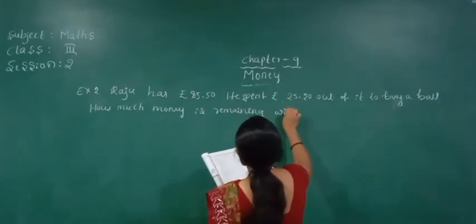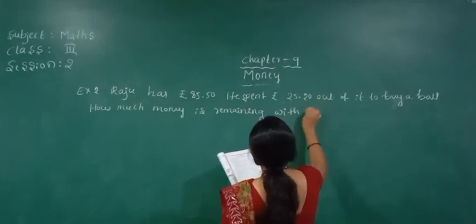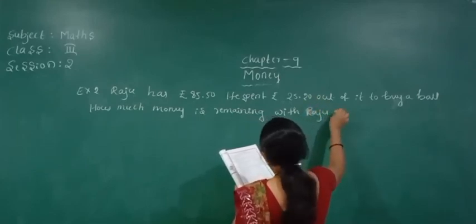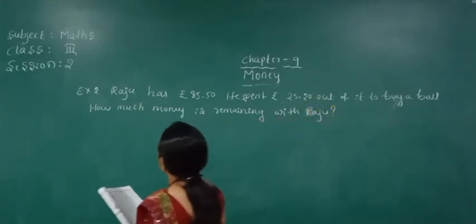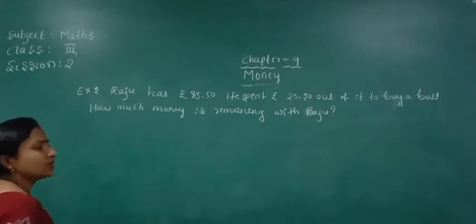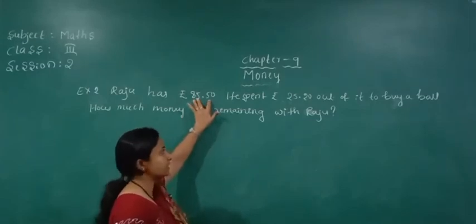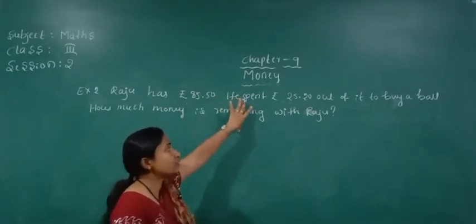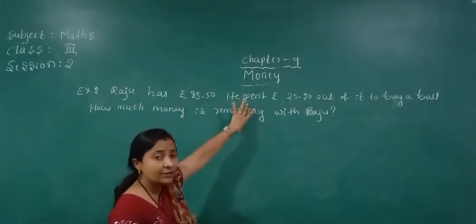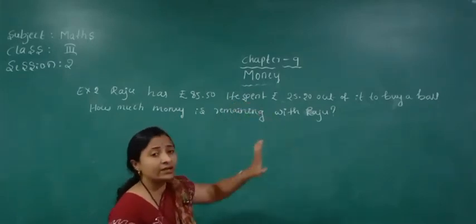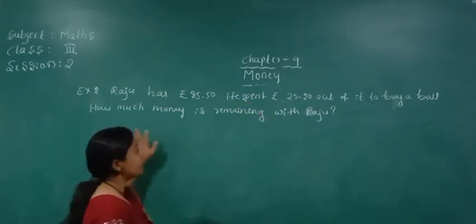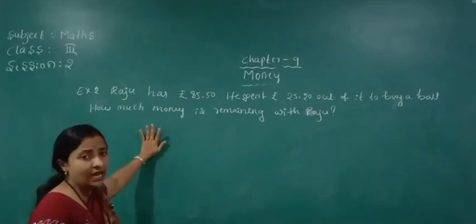Okay, so the total amount he has: Raju has 85 rupees 50 paise and he spent rupees 25 and 20 paise to buy a ball. Okay, so how much money does he have remaining?